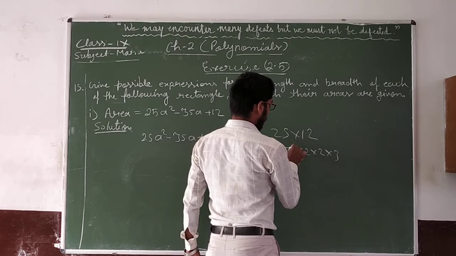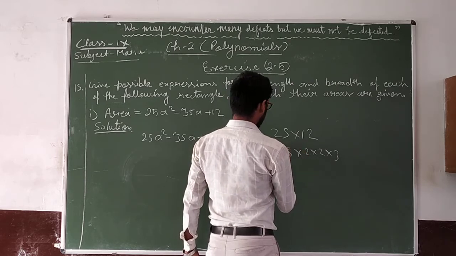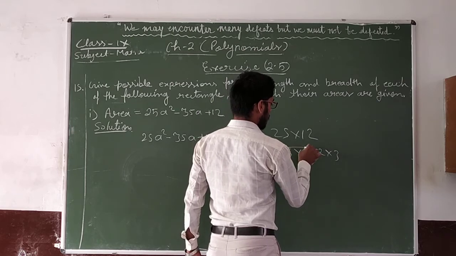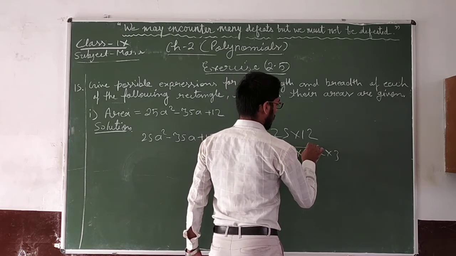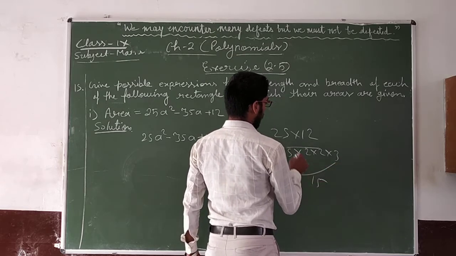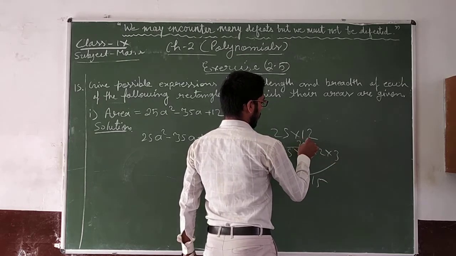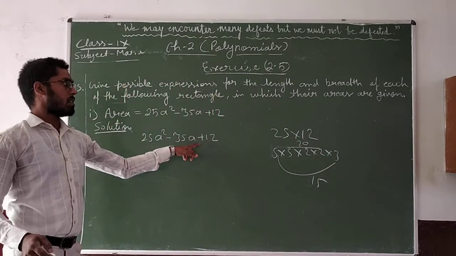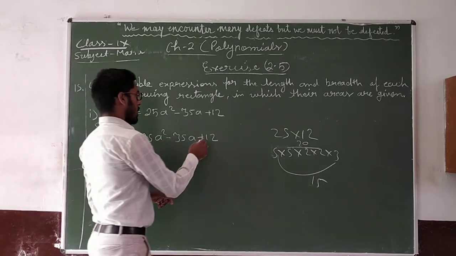5 fives are 25, not that. 5 twos are 10, 10 twos are 20, and 5 threes are 15. 5 threes are 15 and 5 fours are 20. When you add 20 and 15, you get 35, because after adding you have to achieve 35.